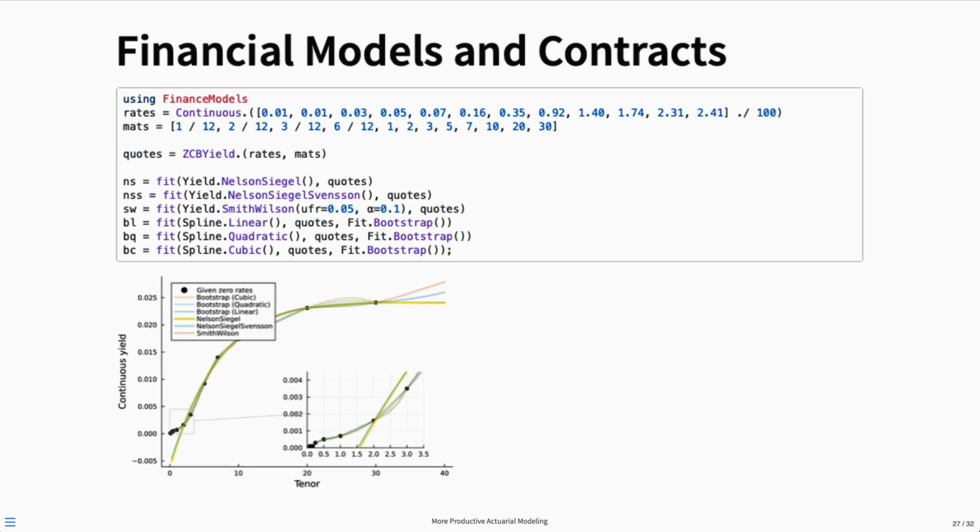This example uses the FinanceModels library from Julia Actuary. A couple things going on here. First, note that the rates are defined as continuous rates. That's one of the things I'm pretty proud of in this library, is the ability for the code itself to distinguish between different rate quoting conventions, whether it's continuous, annual effective, bond equivalent yield, or other.